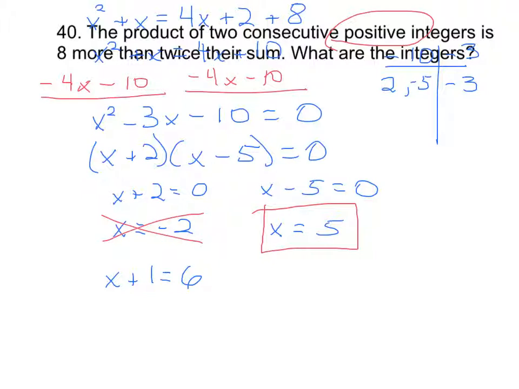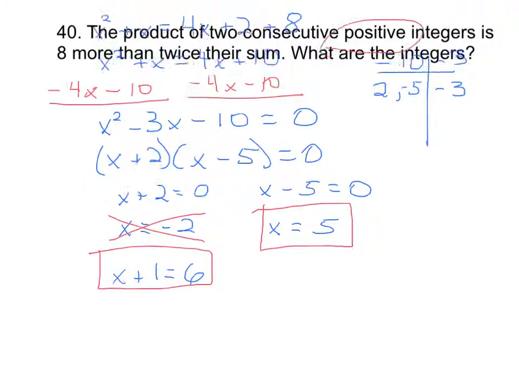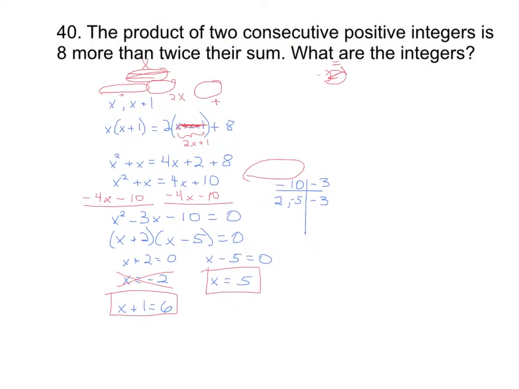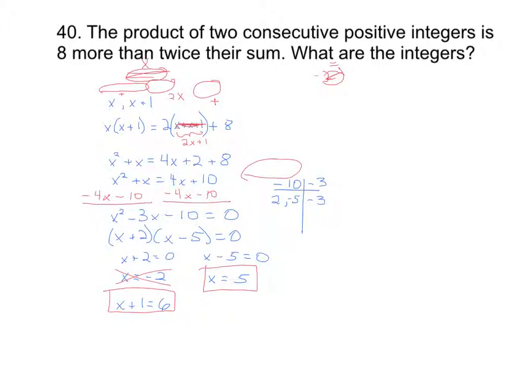So if we take 5 and 6 and plug it into the equation we had earlier, we should get a true statement. So here is our equation. Let's plug in 5. Well, let's just read this. The product of two consecutive integers.